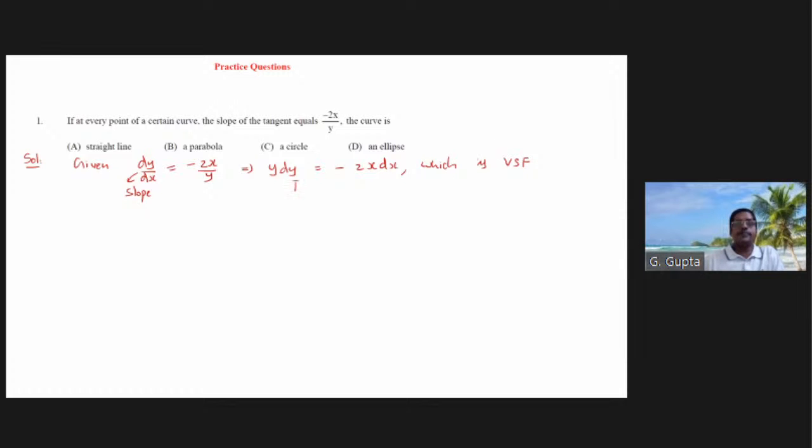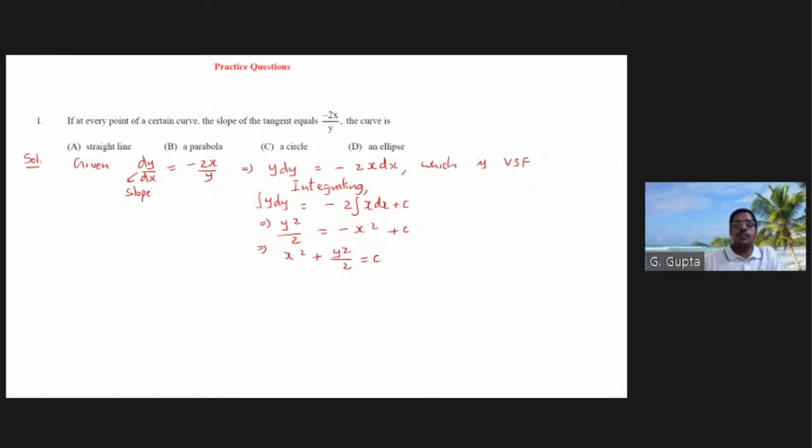Then integrating both sides, we get integral y dy is equal to minus 2 times integral x dx plus constant. So y integration with respect to y is y square by 2. X integration with respect to x is x square by 2. 2 cancels, you will get minus x square plus c. This can be written as x square plus y square by 2 is equal to c.